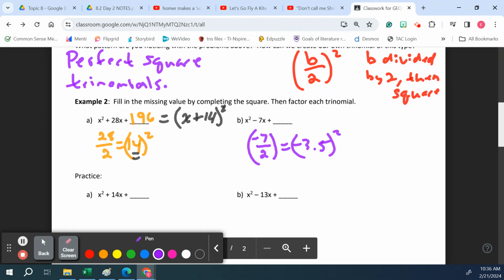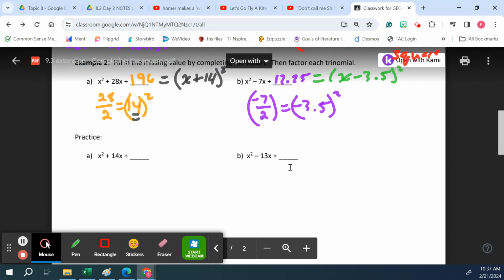So it should just be 12.25, right? Yeah, that's okay. Okay. Now again, because this is done, this is the factored form. So this is going to be x minus 3.5 quantity squared. Try these next two on your own.